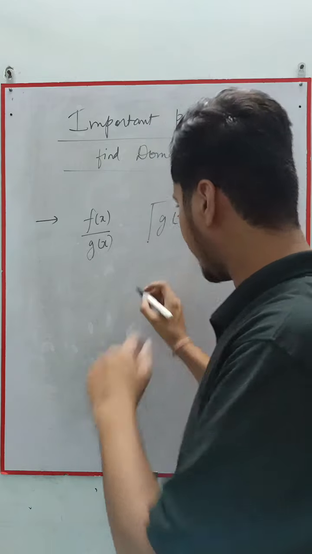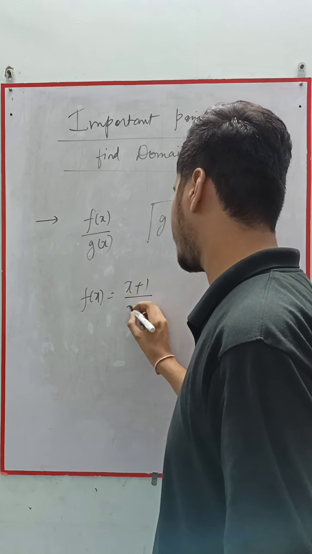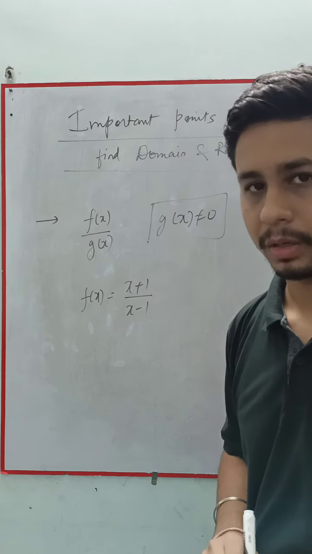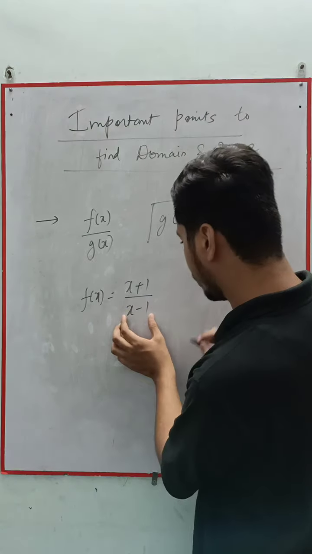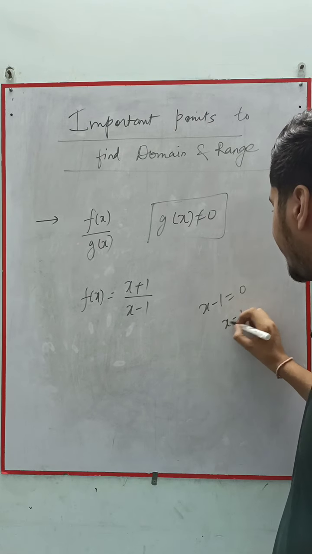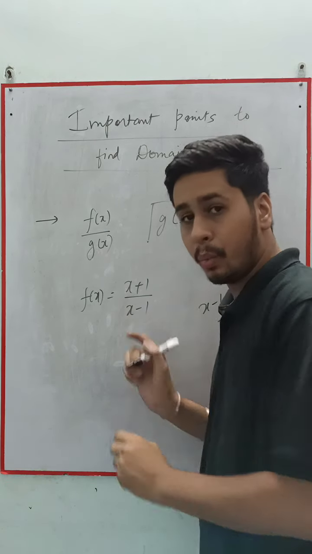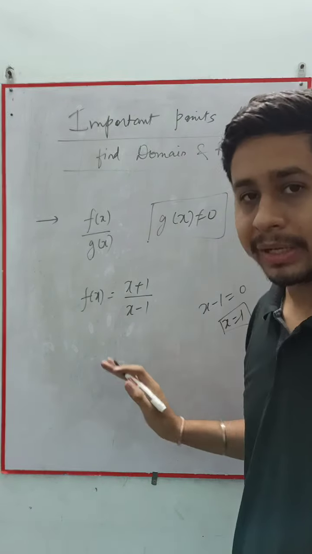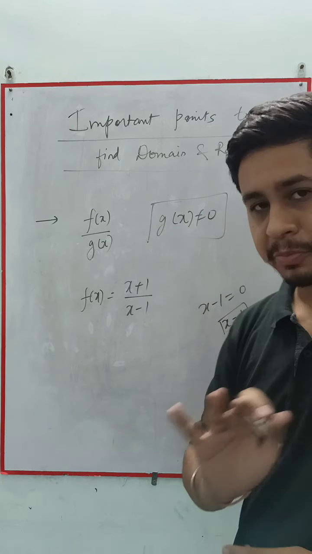So for example, I am taking one question: f(x) = (x + 1)/(x - 1). Here you take the denominator equal to 0 and check what value you get. You are getting x = 1. So leaving 1, all the real numbers will be your domain, and the range I will explain to you.